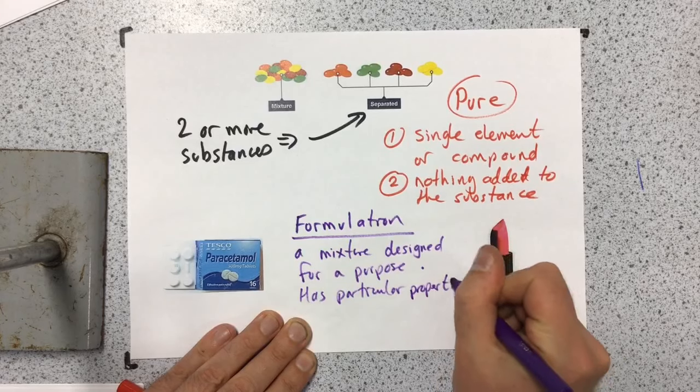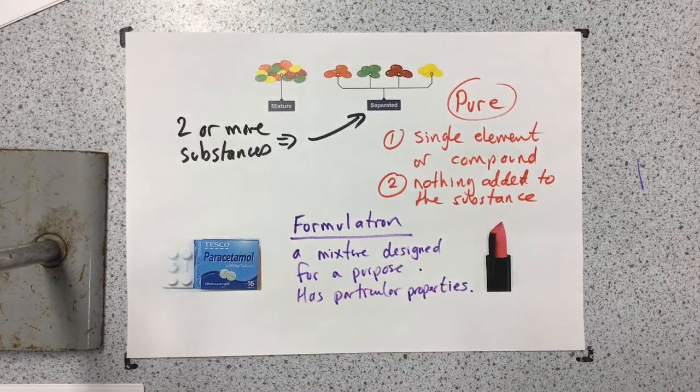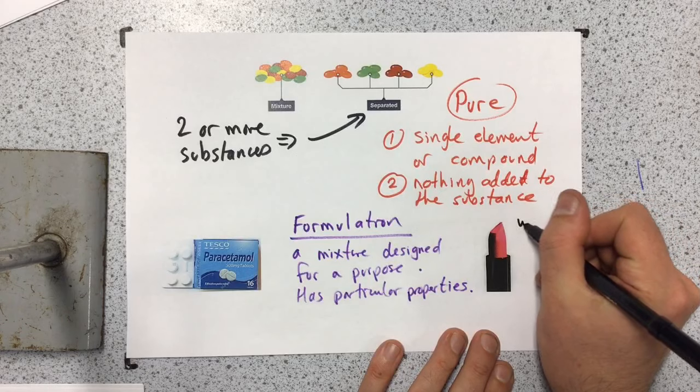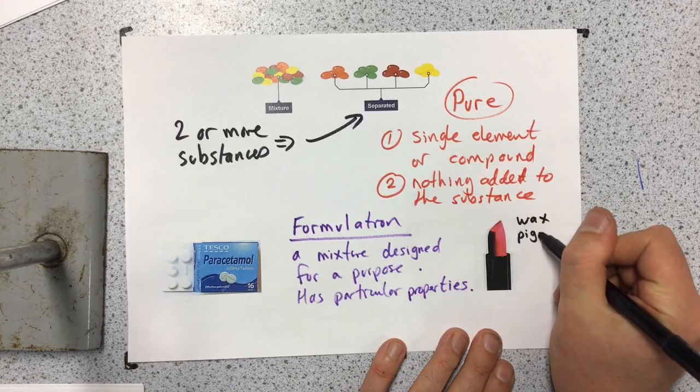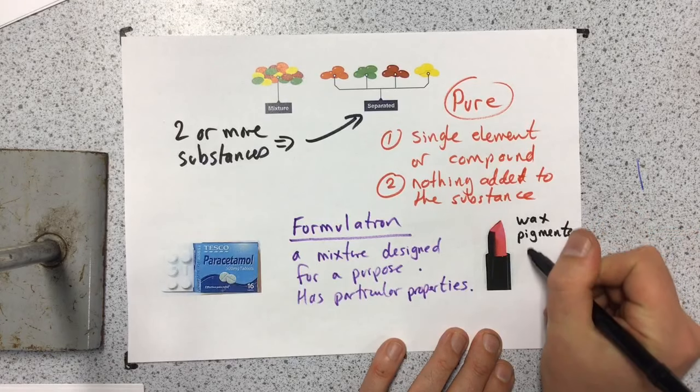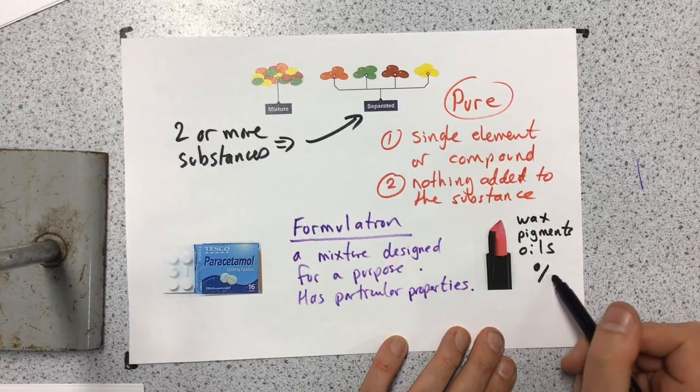One of the examples I used when I taught this in school was we looked at a video about how lipsticks were made. Lipsticks are a mixture of wax, pigments to give them their colour, and oils, in certain percentages.